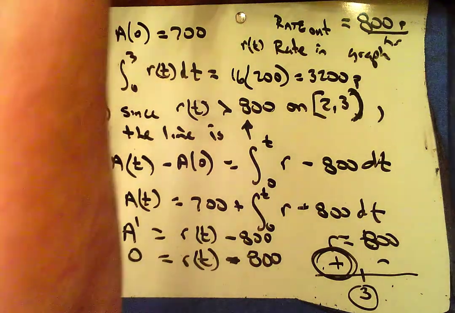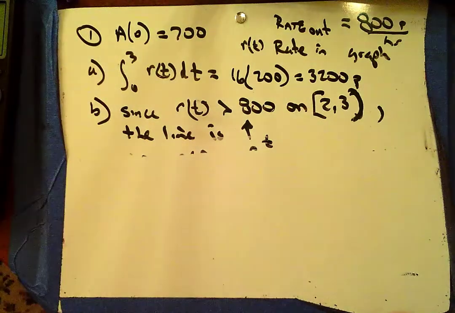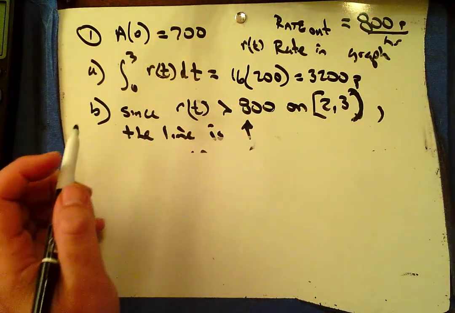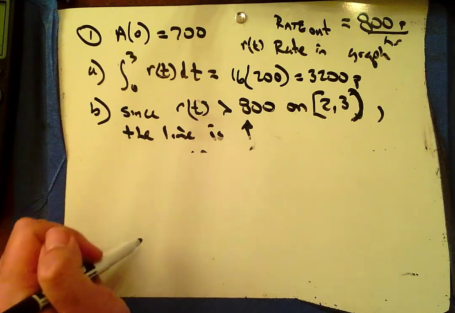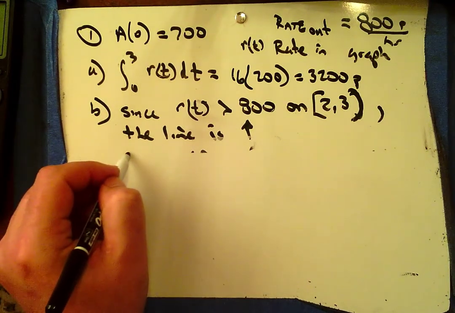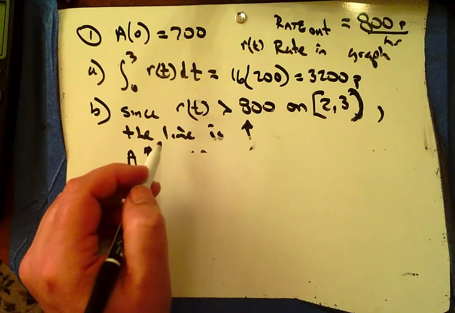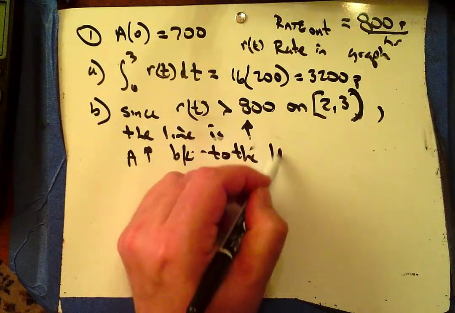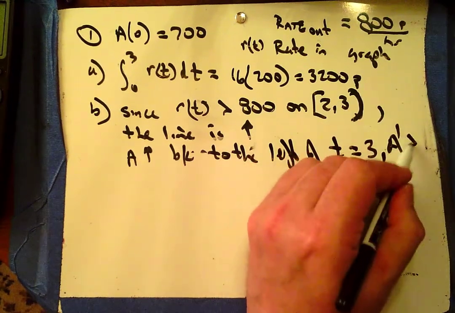So there's two ways of doing the problem. I myself prefer the visual way, but I think the FTC2 way can be really useful. And the justification is the same in either case. Although if you did it that second way, you might say a is increasing because to the left of t equals 3, a prime is greater than 0.